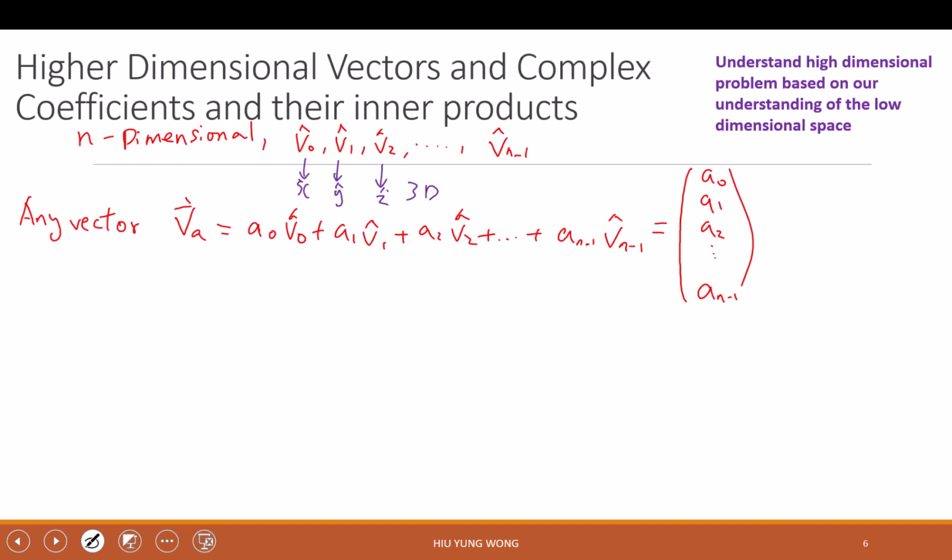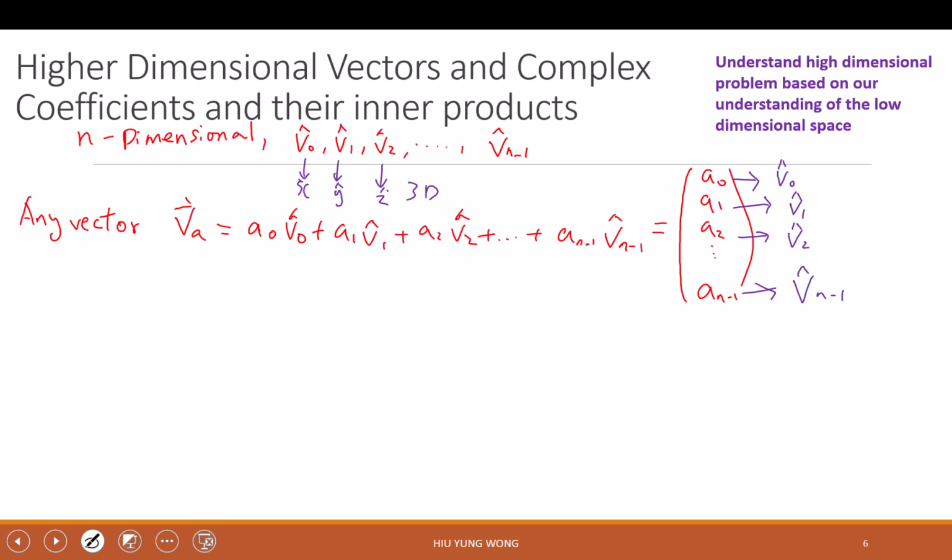It means I have A0 parts of V0 hat, A1 parts of V1, A2 parts of V2, and A(N-1) parts of V(N-1) hat. So we did not learn anything new. We just expand the dimension naturally.